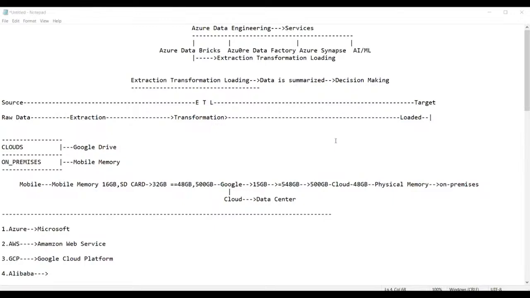Once the data is inserted, picking up the data from there, preparing or moving it into Delta Lake and then performing the visualization, for all this process we are using the ADB only.